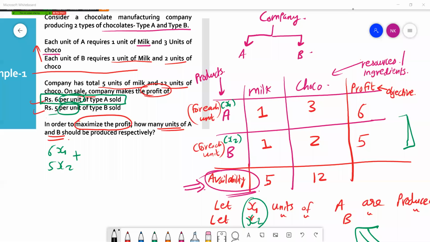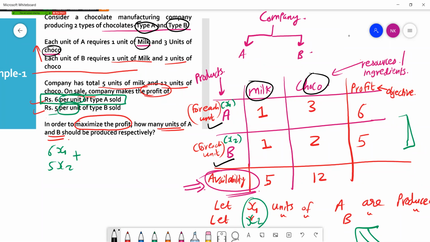So, we have discussed that the company was manufacturing two types of chocolate, type A and type B, and each unit of A requires 1 unit of milk and 3 units of choco. So what we have done, as you can see here in the tabular format, is list milk and choco as the ingredients, and the company is manufacturing A and B types of chocolate.